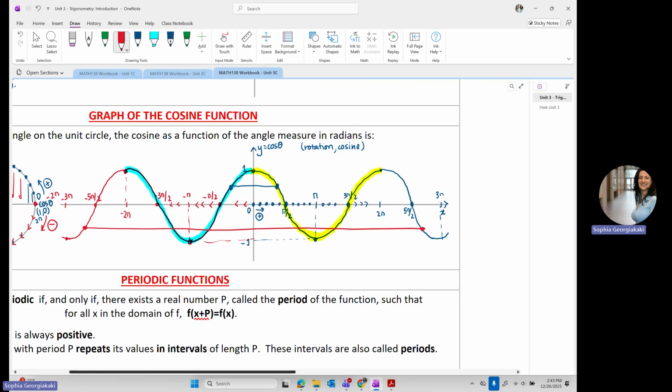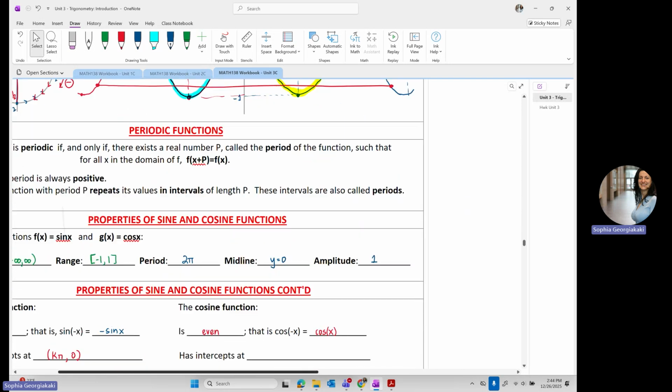It has intercepts at pi over 2, 3 pi over 2, 5 pi over 2. They were here. Negative pi over 2, negative 3 pi over 2, negative 5 pi over 2. You can see the pattern I'm expecting at 7 pi halves, 9 pi halves, etc. So at odd multiples of pi halves.